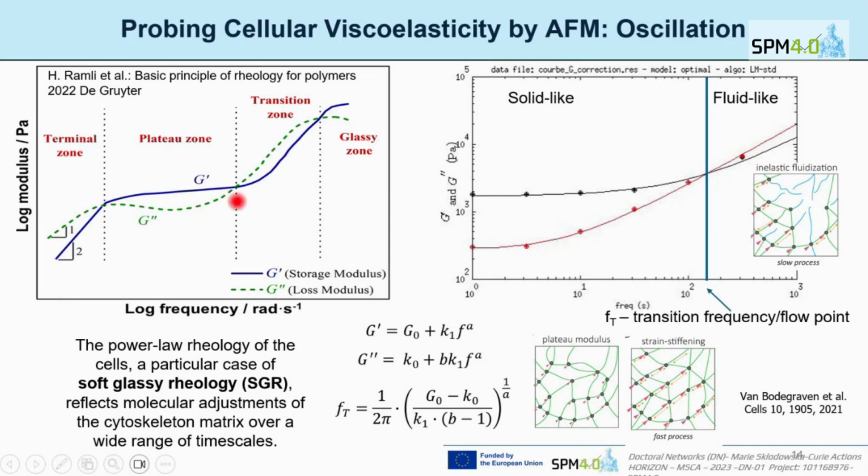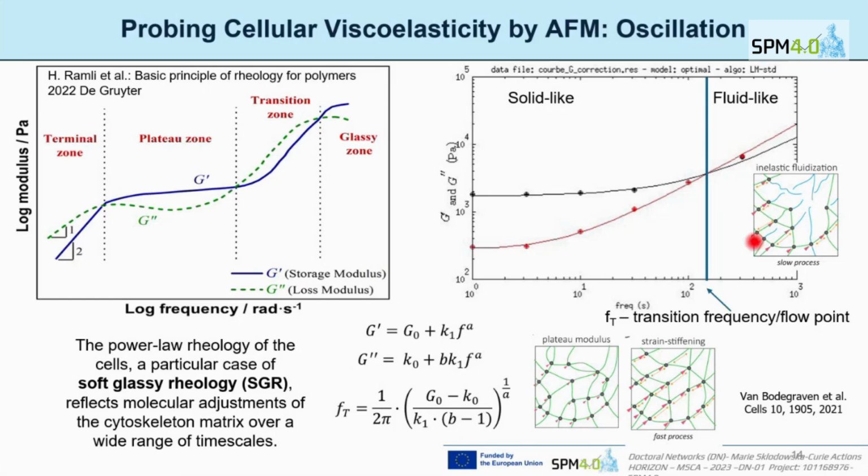Then we have the glass transition zone, when the structure freezes and the mobility of the chains is restricted, and under the load, those chains can break, or the system can remodel.